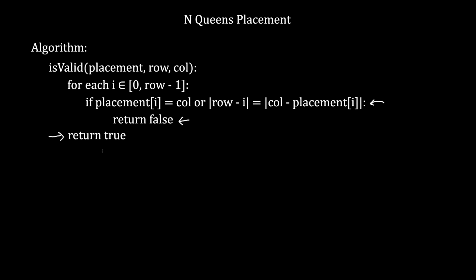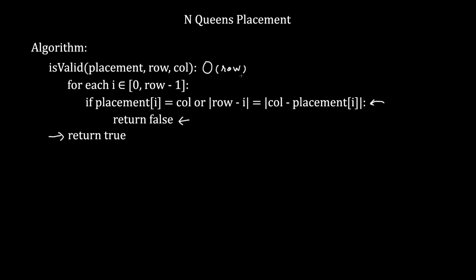The row could be 1, could be 2. The number of iterations really depends on row. So I can say that the time complexity of this function is big O of row, right? Now, of course, row could be as big as n, so it's technically a big O of n, but let's be precise and write big O of row, and go back to the backtracking function and see how many operations that function does.